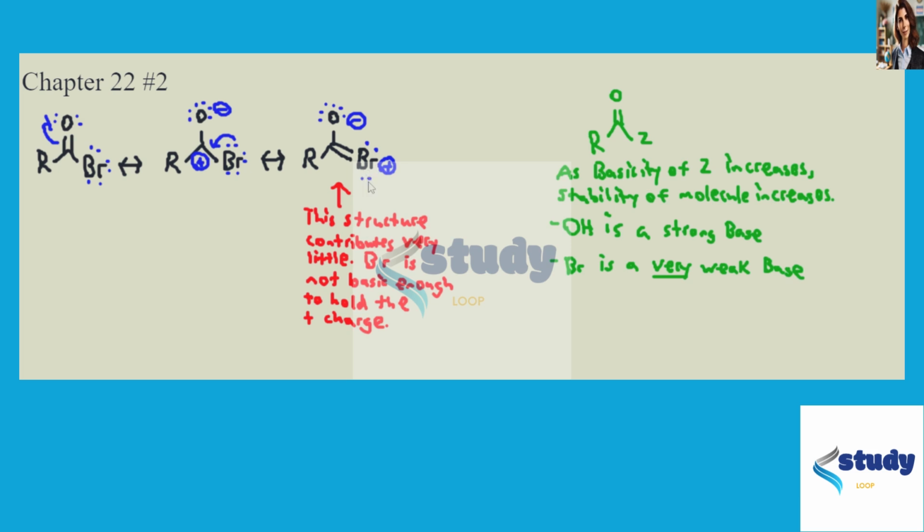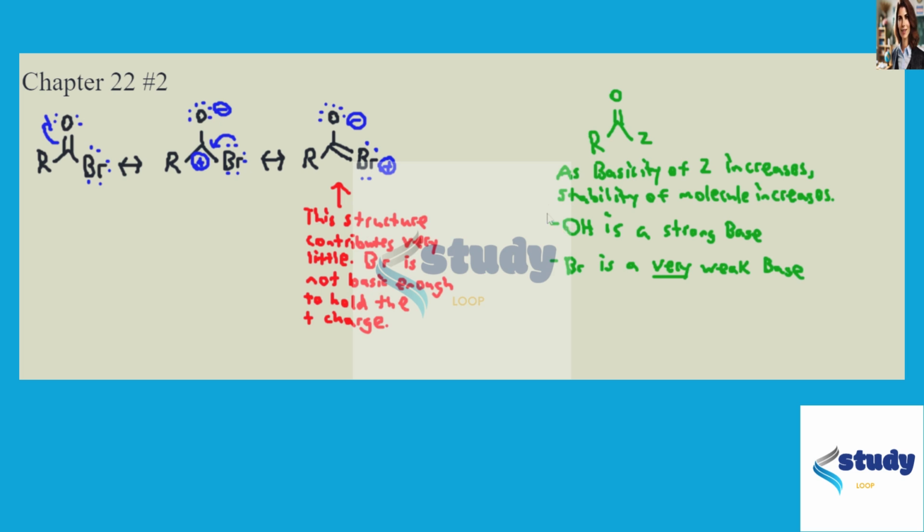And remember, we can define basicity in different ways. But basically, one way to think about it is the conjugate base of a strong acid is going to be a weak base. The conjugate base of a weak acid is going to be a strong base.